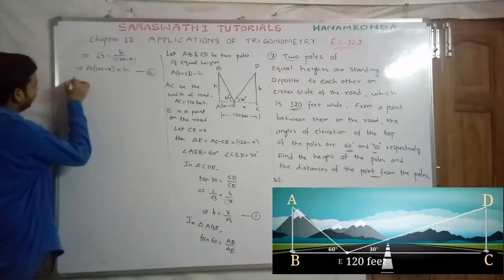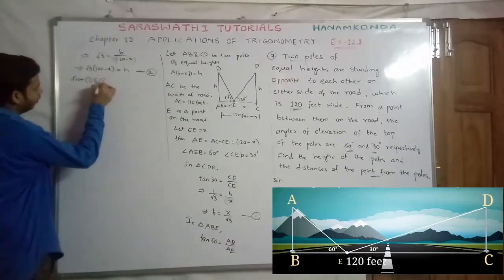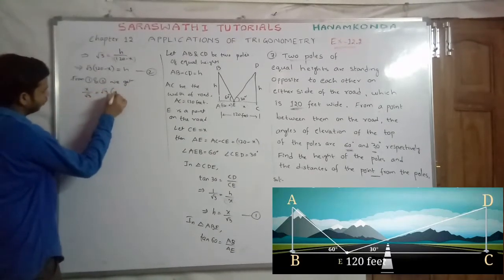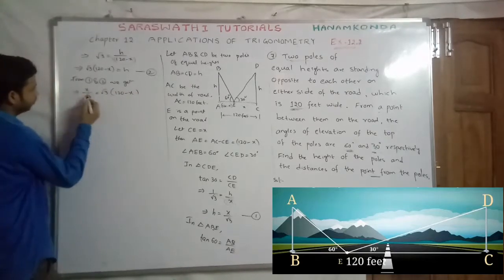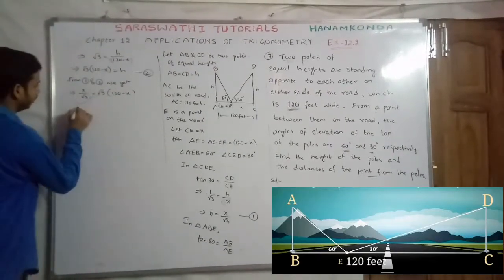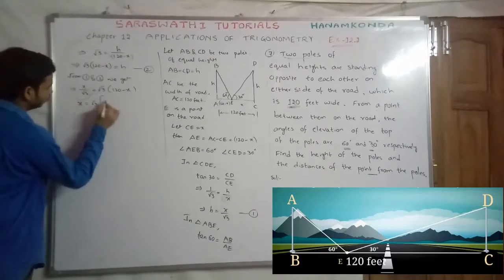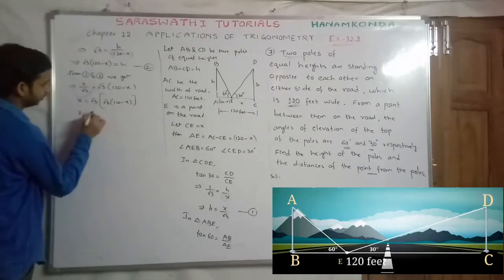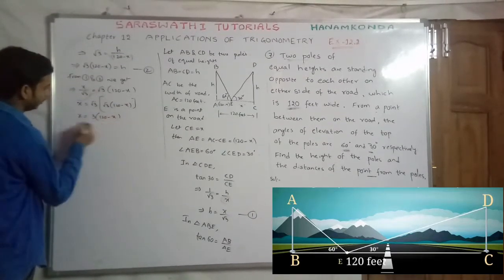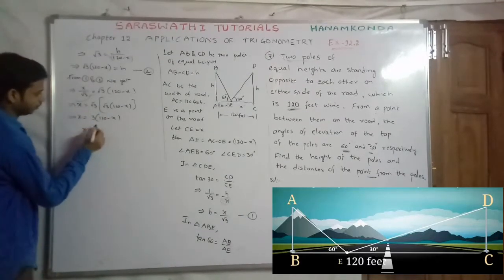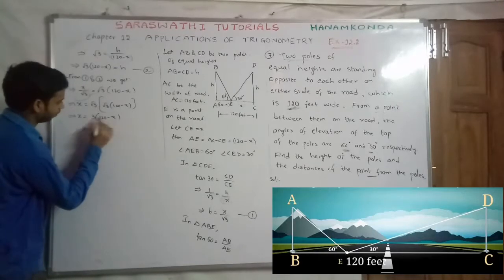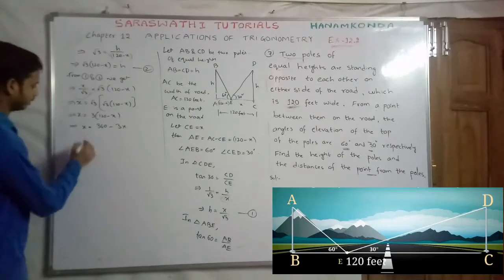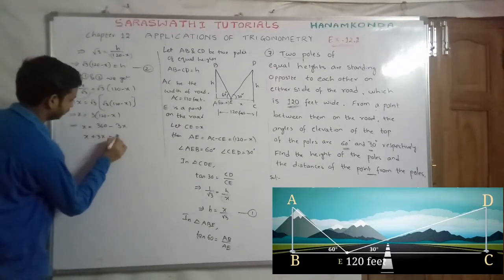So from 1 and 2 we get X by root 3 equals root 3 into 120 minus X. This root 3 gets multiplied with the right side term, that means X equals root 3 into root 3, which is 3, into 120 minus X. It implies X equals 3 into 120, which is 360, minus 3 into X, which is 3X. Minus 3X comes to the left side and becomes plus 3X. So X plus 3X equals 360.